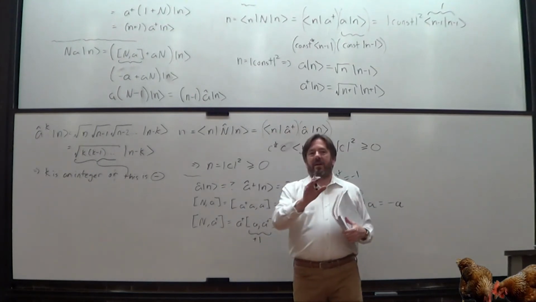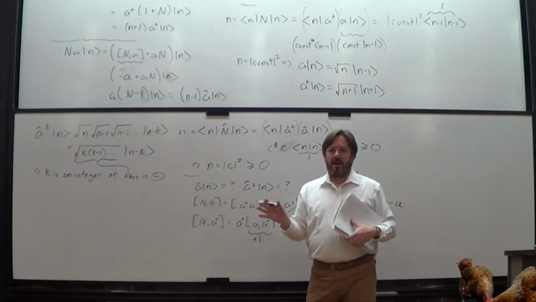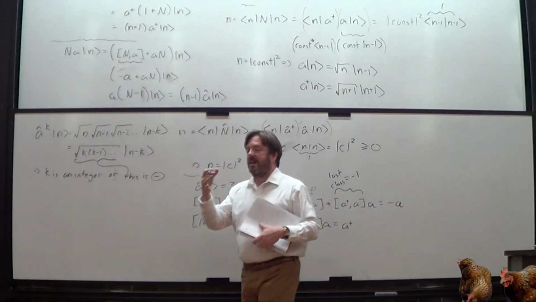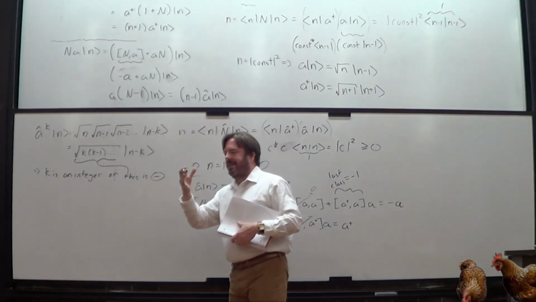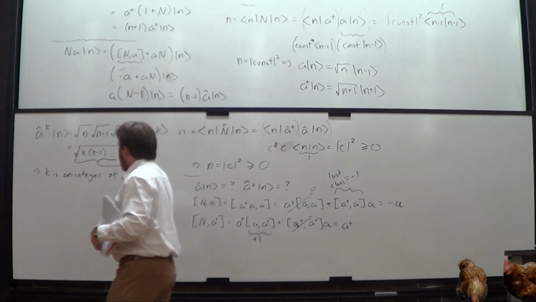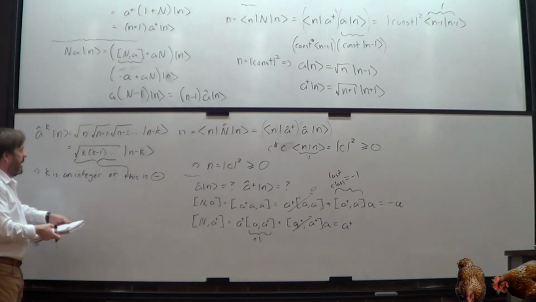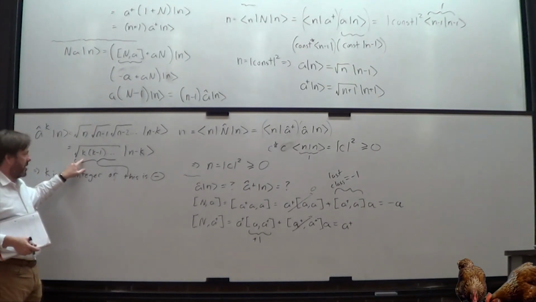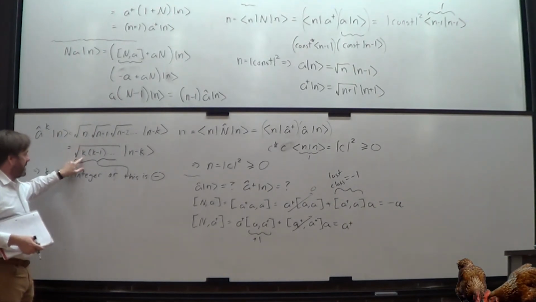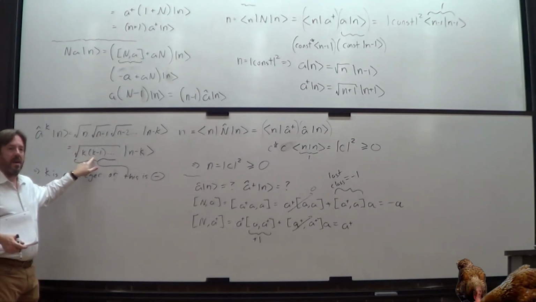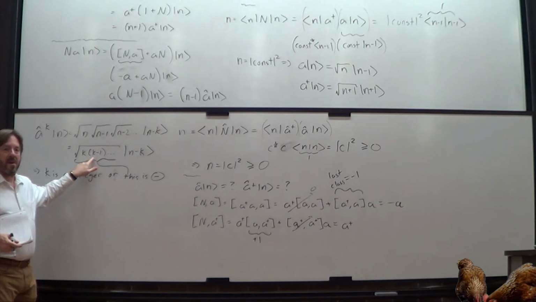Again, I don't fully understand this, I just kind of accept it. If I plugged in numbers on the calculator and did enough examples, maybe, but that's not a rigorous proof. Anyway, if n was not an integer, because k is an integer, you would find a situation where you can spit out a negative number here, but we've already proven that n has to be greater than or equal to 0.